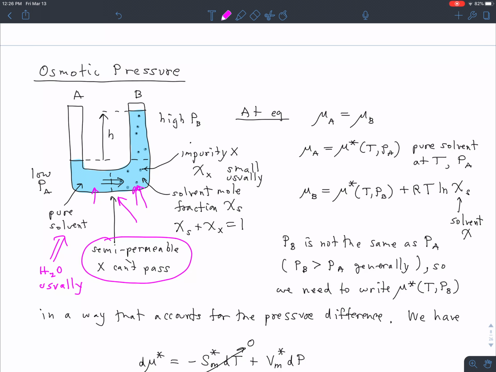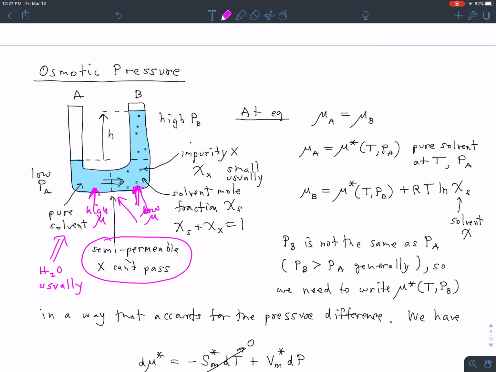The concentration of impurity on the impure side actually lowers the chemical potential of the solvent on the impure side. So the chemical potential of the solvent on the pure side is actually higher than the chemical potential of the solvent on the impure side.